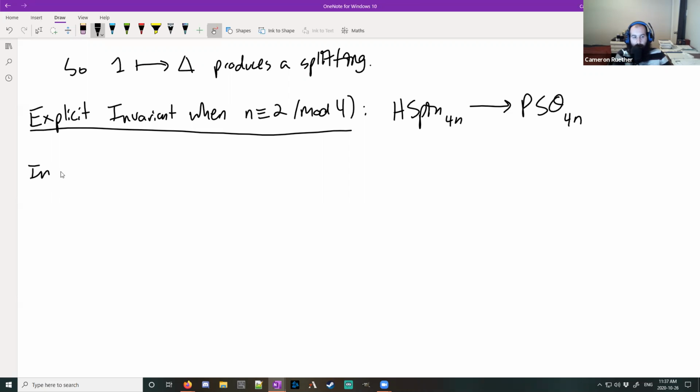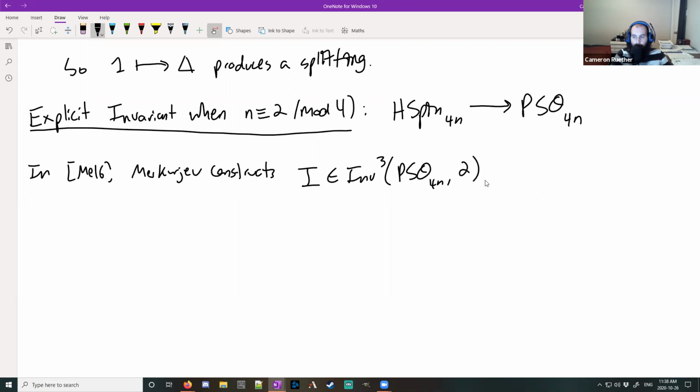And so in figure 16, Merkurjev constructs an invariant, he calls it I, and it's a degree 3 invariant of PSO, which represents 1. So it's a non-decomposable degree 3 normalized invariant.